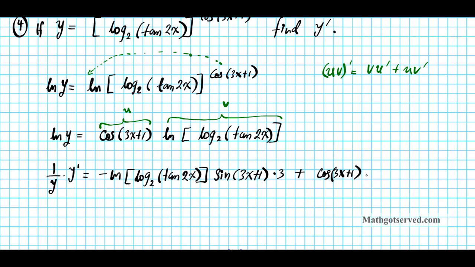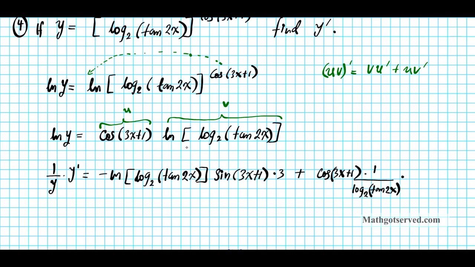So let's put it right here, times 1 over, the denominator is going to be log base 2 of tan 2x, because we know that the derivative of ln x is 1 over x. So now let's differentiate. We're done with the ln.